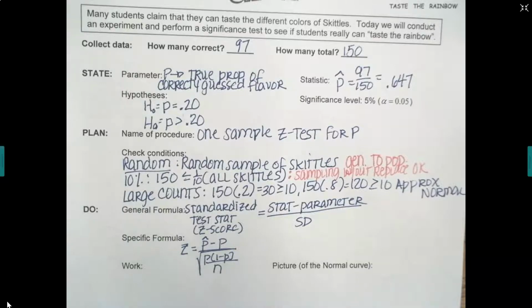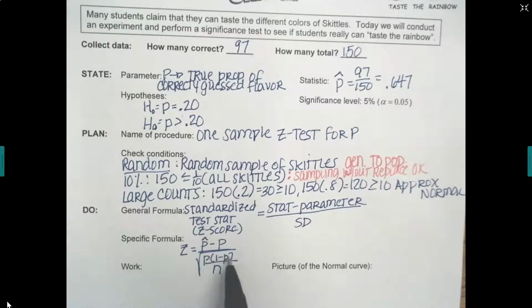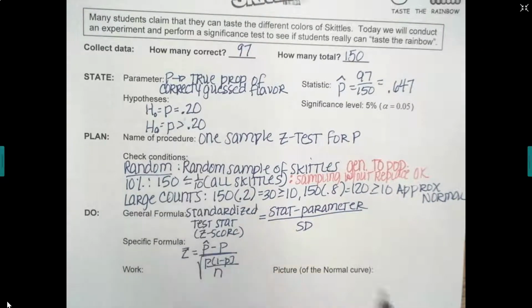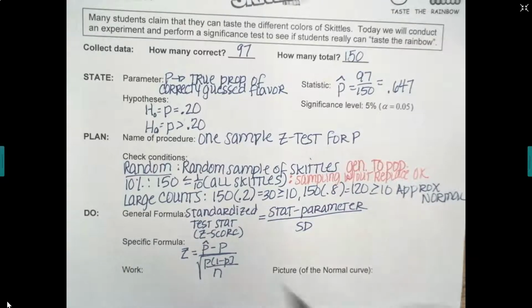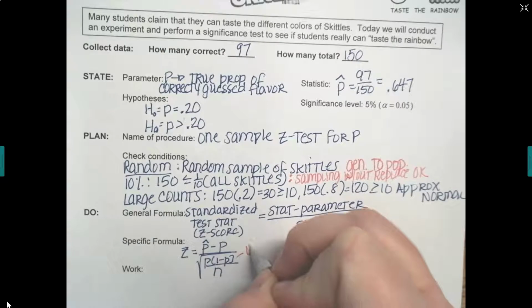Now we're not using p hat there like we did last time, because we have a claim and we say that that's the population number, okay? So we're not saying it's p hat. So let's just make a little note for these guys right here.